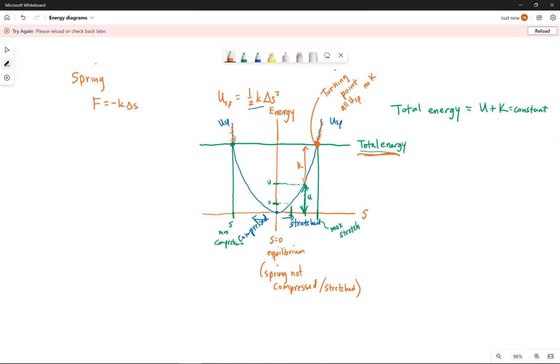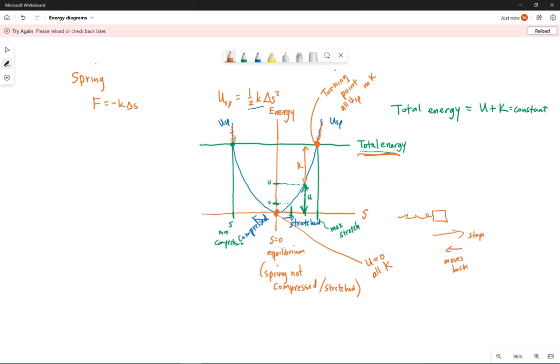So if the mass had been on the spring, sliding to the right, it stops, and then the spring pulls it back. By turning point, we literally mean it was traveling one direction and now it's going to head back in the opposite direction. Where on this graph the potential energy is 0, all the energy is kinetic.